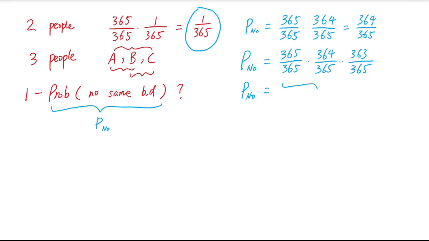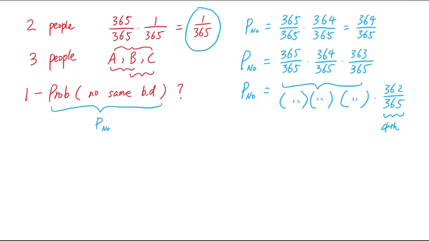It's going to repeat the same parts, right? So these three numbers multiply together, and then you multiply by 362 over 365. Because for the fourth person, he or she can only choose from 362 days because 3 days are already taken previously.